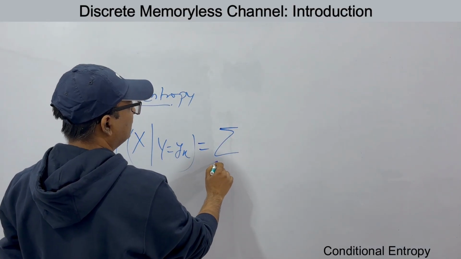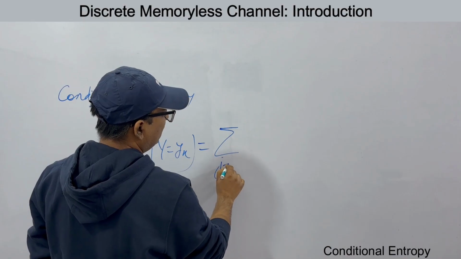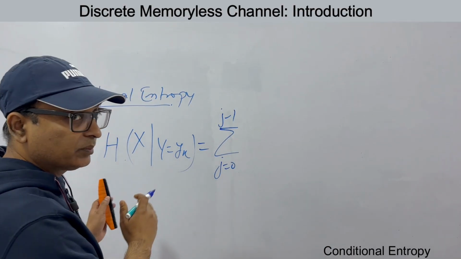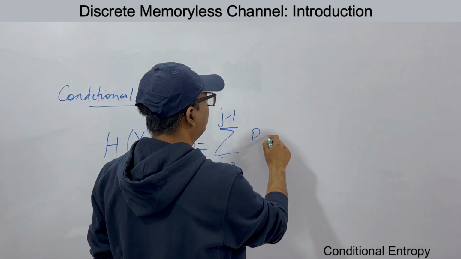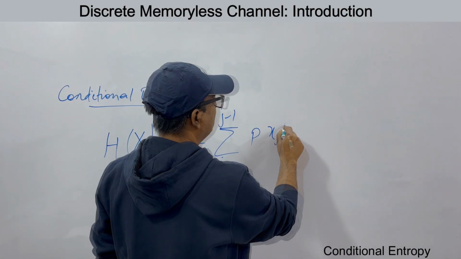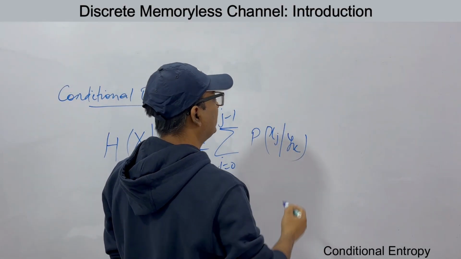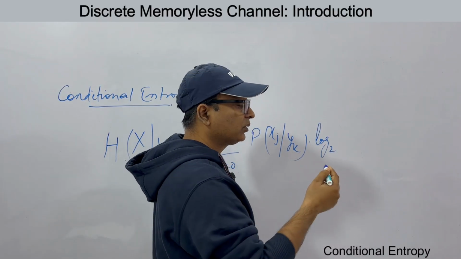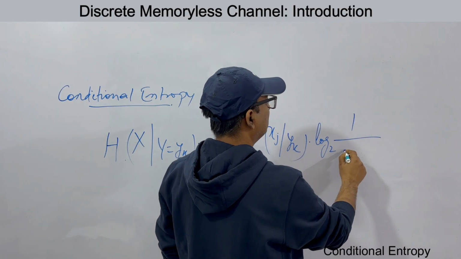the sum over j equal to 0 to j minus 1 of P of xj given yk, that is the conditional probability of X for a given y, times log, obviously base 2 because we are talking of binary, of 1 by P of xj given yk.